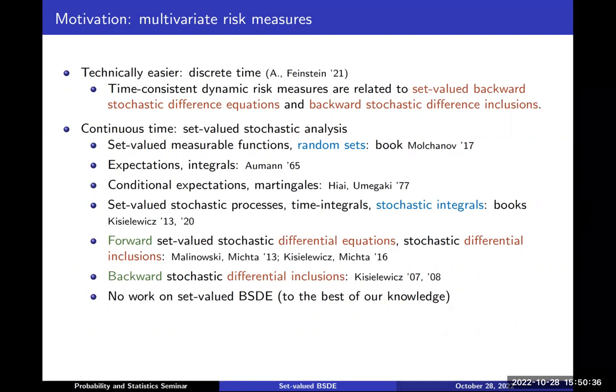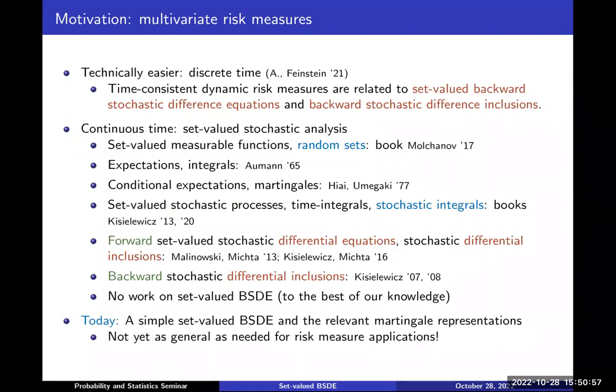But the backward case, for backward SDEs, seems to be not studied, for some good reasons, because there are some obstacles in studying this kind of equation. And we will try to establish a simple set-valued BSDE, for which we can prove existence and uniqueness of solutions, or well-posedness.